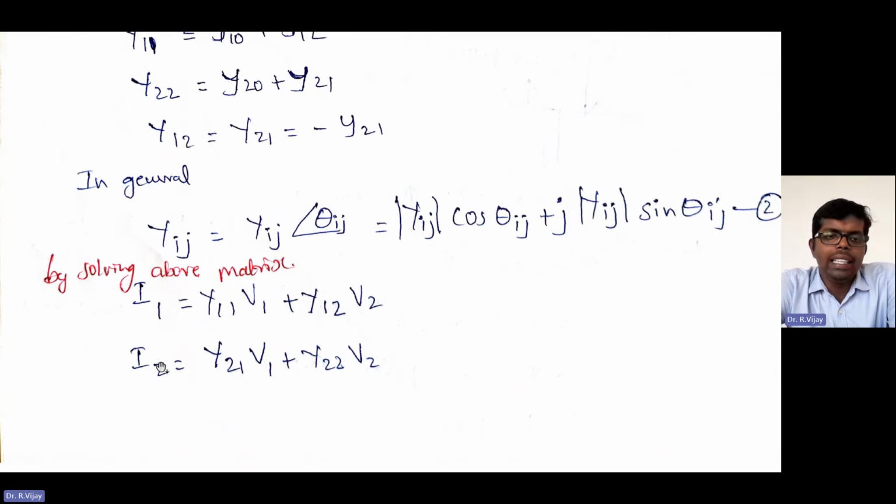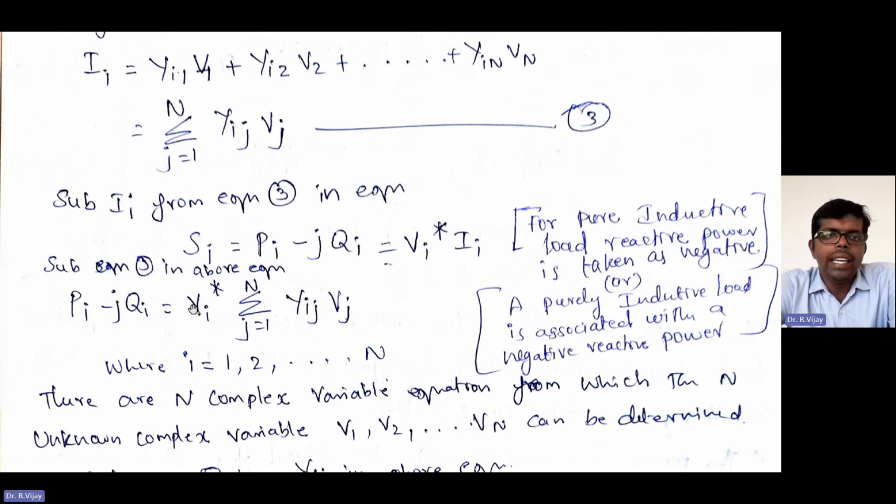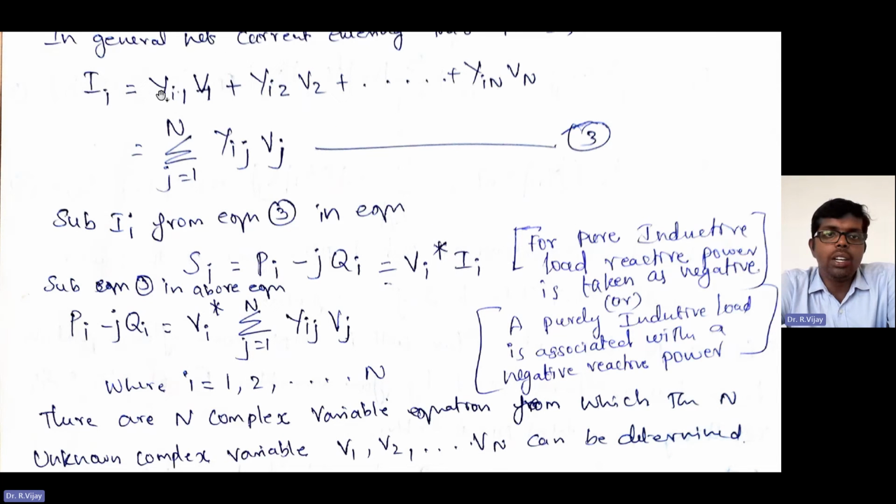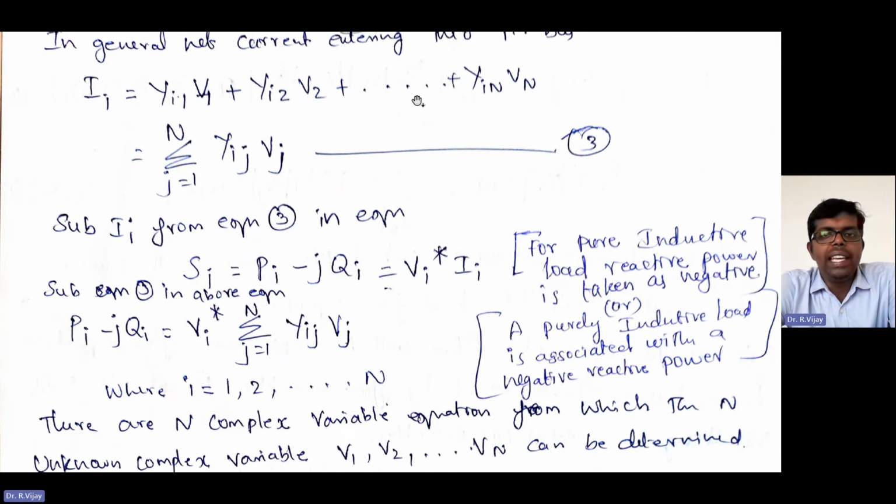That is, Ii is equal to Yi1 V1 plus Yi2 V2 plus up to Yin into Vn. In generalized format, we can rewrite this as summation j is equal to 1 to n of Yij into Vj. So Ii is equal to summation j is equal to 1 to n of Yij into Vj. We take this as equation number 3.